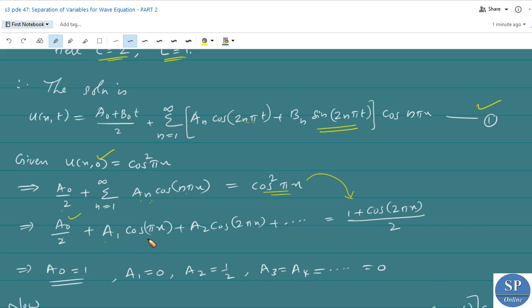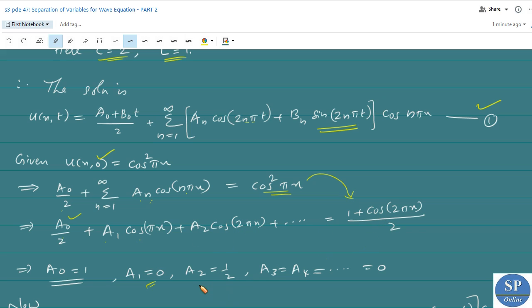And a1 is the coefficient of cos pi x, and there is no such term on the right hand side, so a1 will be 0. a2 equals the coefficient of cos 2 pi x, which is 1 by 2.